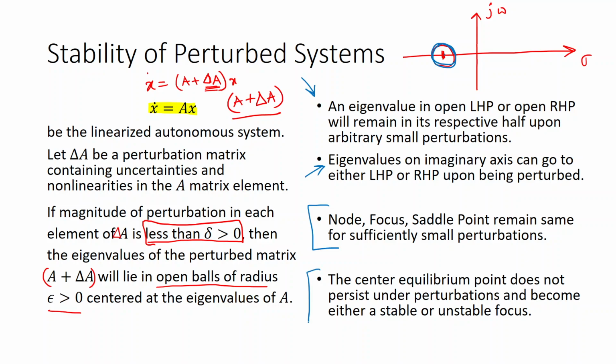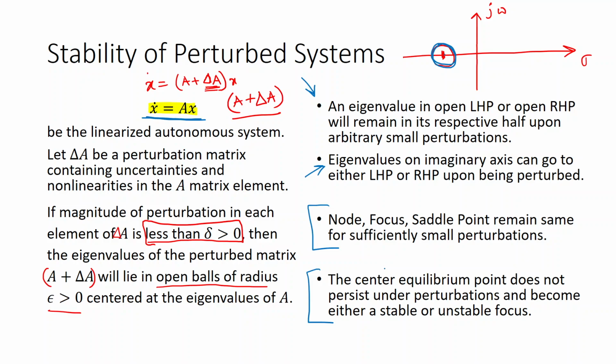However, the center equilibrium point is where we have complex eigenvalues with zero real part. That means the eigenvalues are on the imaginary axis, so they will change. So if you had a center equilibrium point for x dot equals Ax, the actual system, which is A plus delta A, the perturbed system, will not have the same type of equilibrium point.